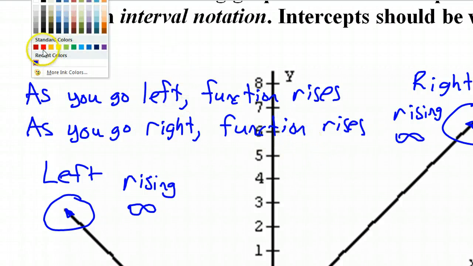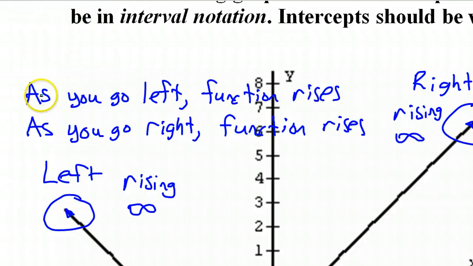Okay, and here it is. To capture the idea of as we go to the left, what we say is, as x approaches negative infinity. So this is a mathematical way of saying as you go to the left. By the way, that's how you read this.